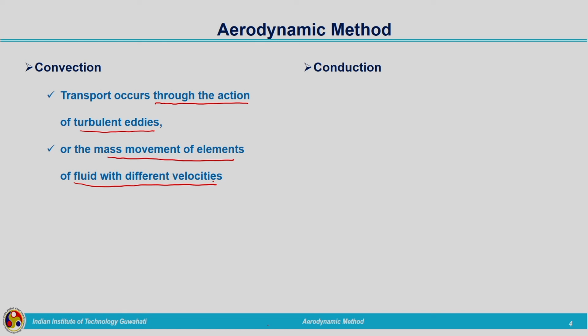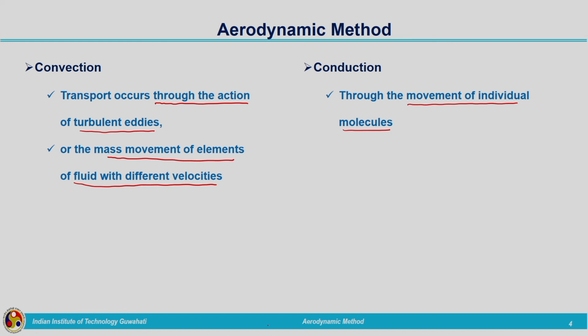The fluid elements' mass movement will be taking place, but in the case of conduction it is due to the movement of individual molecules. That is, the conduction process takes place through the movement of individual molecules, but in the case of convection it is not due to movement of individual molecules, it is due to the mass movement of elements of fluid.